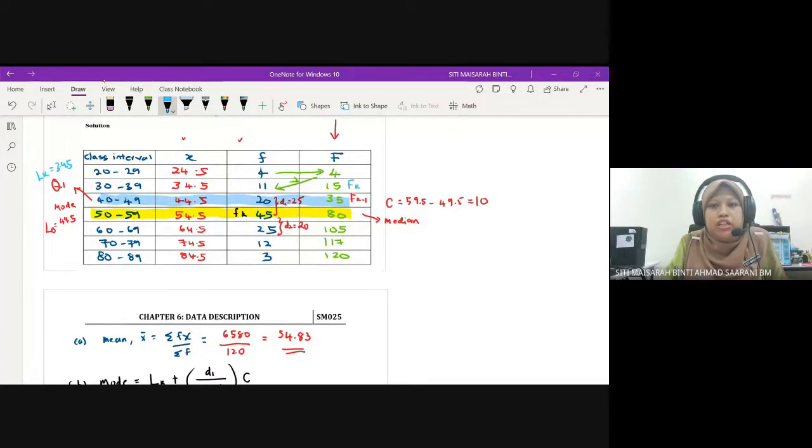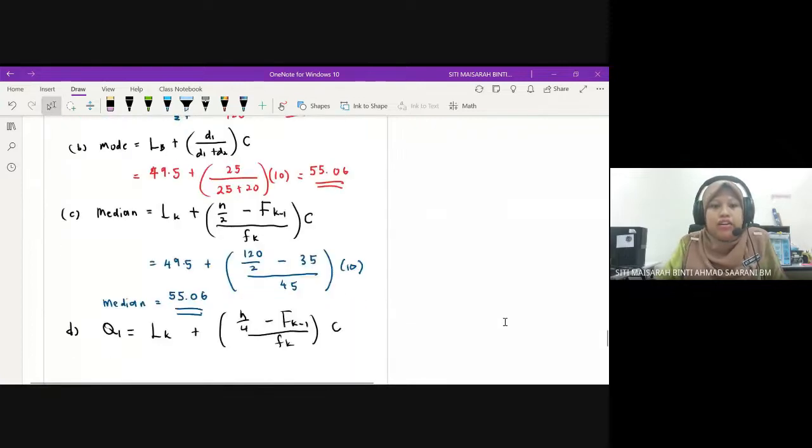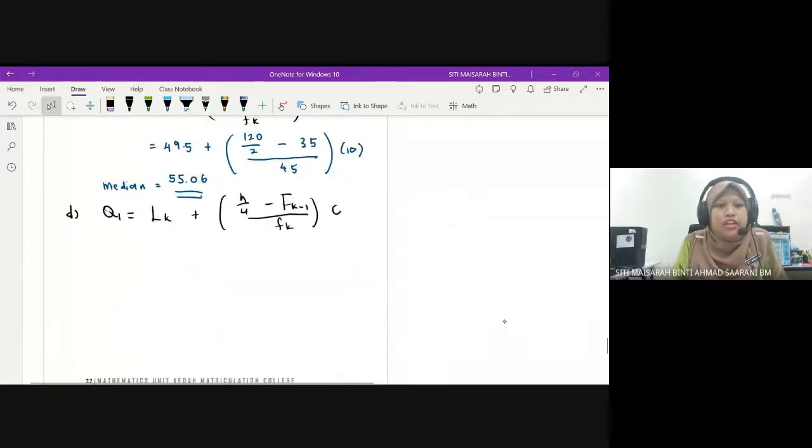FK minus 1 is 15, and then FK here is 20. Then the C is 10. So Q1 is equal to 39.5 plus 120 divided by 4 minus cumulative before, which is 15, over 20, multiplied by 10.